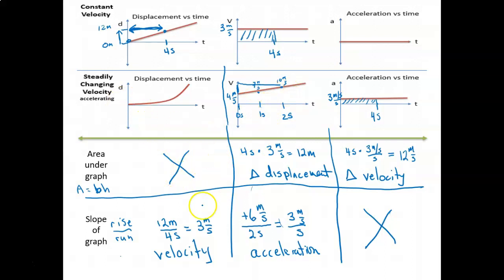And going the other way, when we think about slope, the slope of a displacement versus time graph tells us the velocity, and the slope of a velocity versus time graph tells us the acceleration. You want to know both of those things: what the area under the graphs represents and what the slope of the graphs represents. All right, so let's look at some problems.